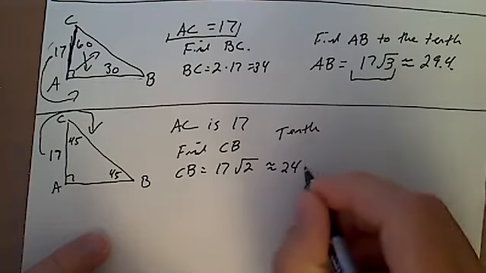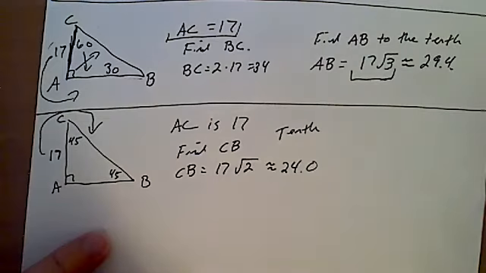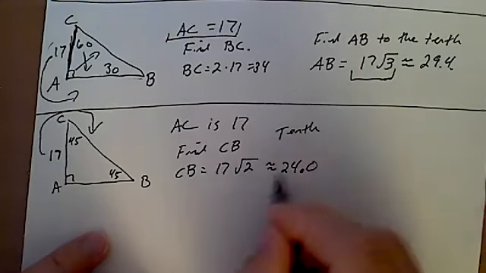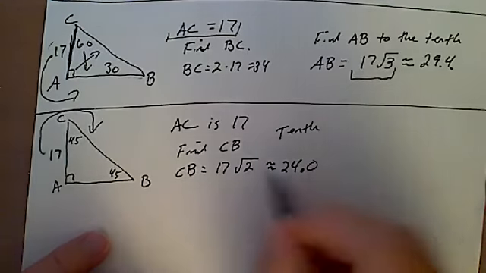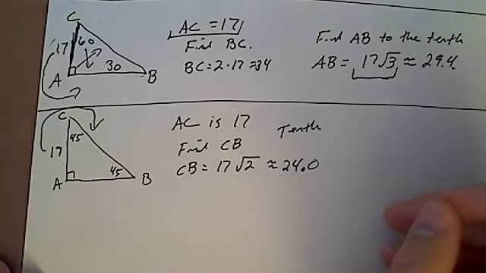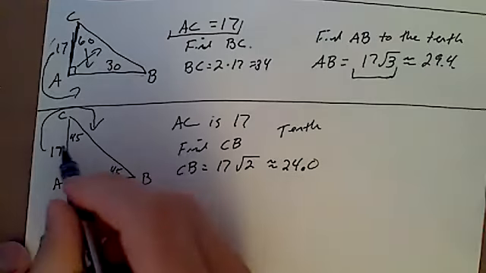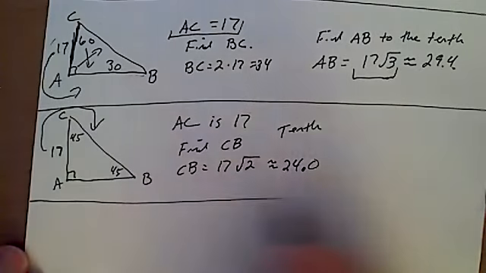The 4 does not round up our 0. You could answer it as 24.0. You won't get it wrong if you do that. It may change your answer to just 24, which again is fine. So 24 or 24.0 for that. So again, just multiplying that short leg by root 2 to get to the hypotenuse.